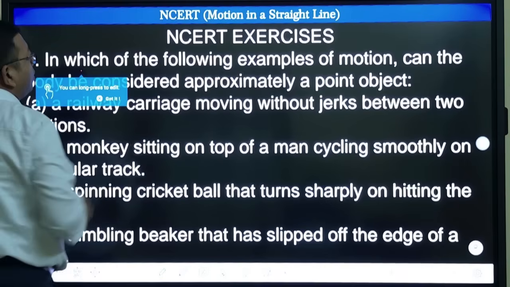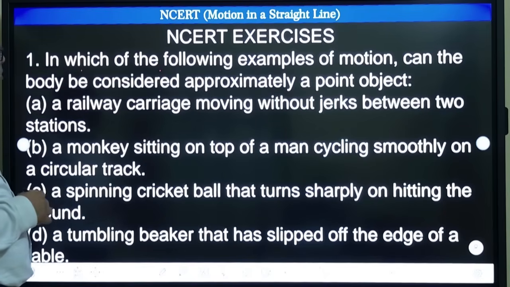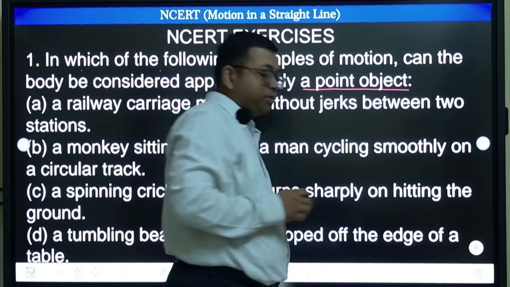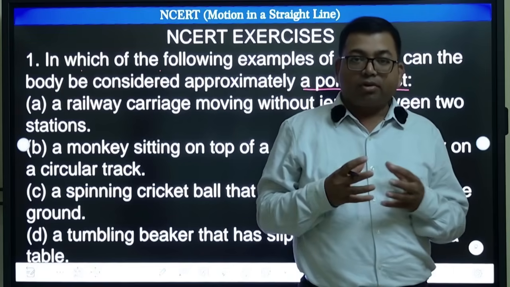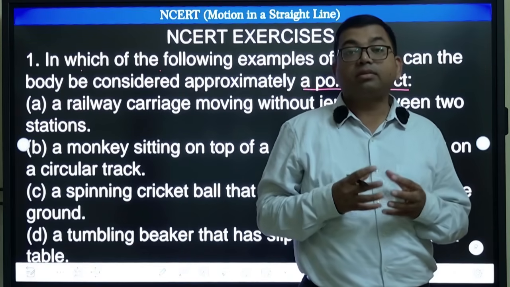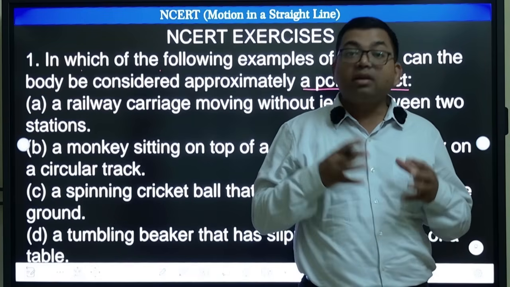In which of the following examples of motion can the body be considered approximately a point object? Now, this is a very important concept. When can we consider the body as a point object? Remember, whenever you are studying the body as a point, it means you are only studying the translation motion or linear motion.